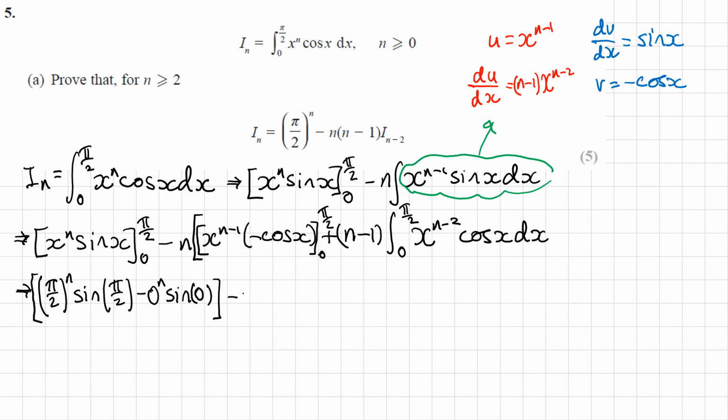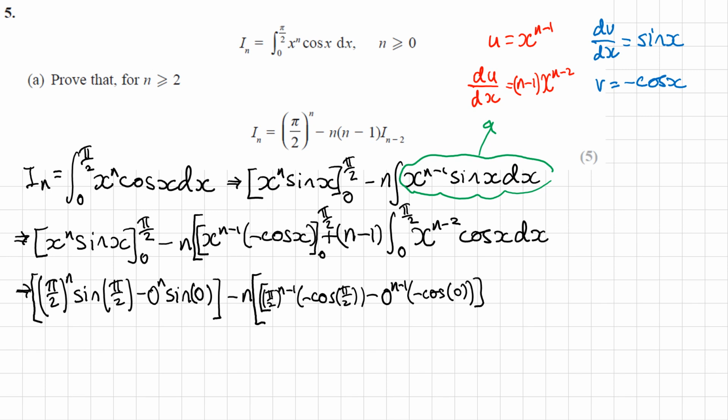So minus n, and then what we'll have is pi over 2 to the power n minus 1 times negative cos pi over 2. Sorry, that should be pi over 2, shouldn't it? We're putting pi over 2 in first, so let's do that. And now we'll put the 0 in, so minus 0 to the power n minus 1 times minus cos 0.